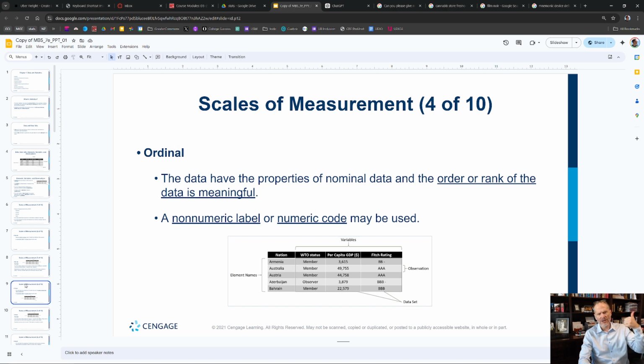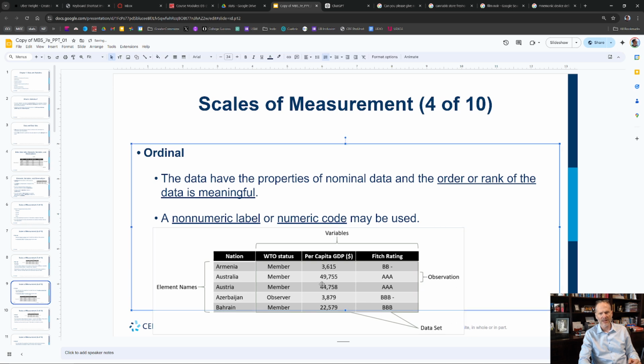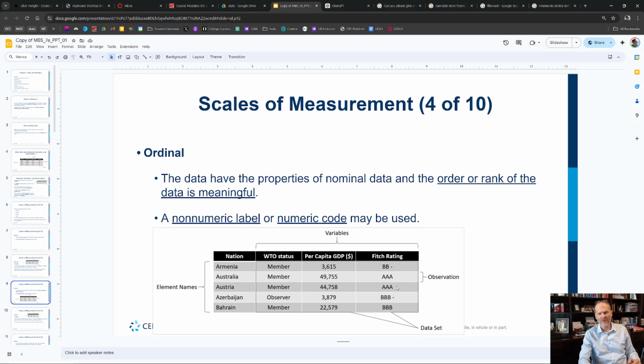So we're learning nominal, ordinal, interval, and ratio. For ordinal, the data have the properties of nominal data and the order or rank of the data is meaningful. So just based upon that, when we look at this data here, I'm just going to make this a little bit bigger and bring that down. This is nominal, the WTO status, but over here the Fitch rating would be ordinal, right?